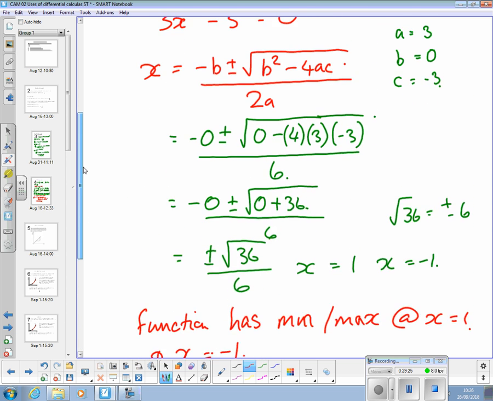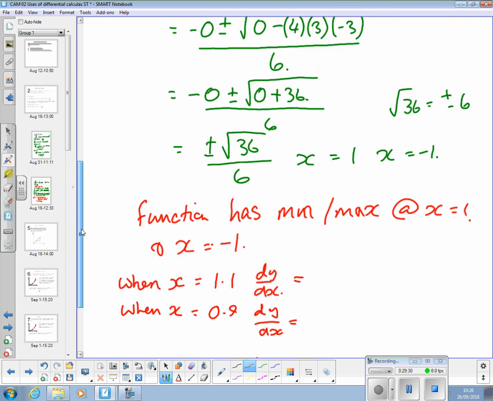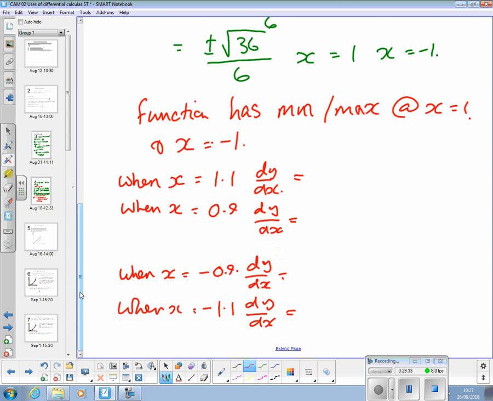dy by dx was equal to 3x squared minus 3. So this is 3 times 1.1 squared minus 3 equals, 3 times 0.9 squared minus 3 equals, 3 times minus 0.9.